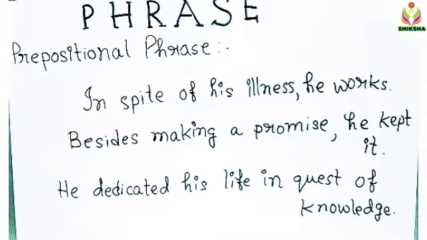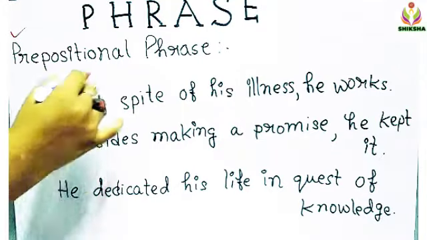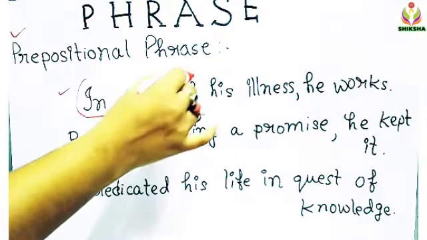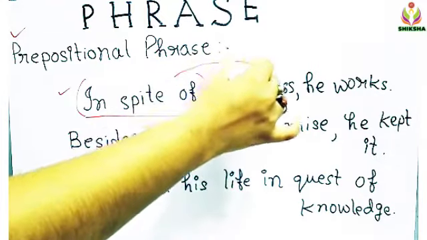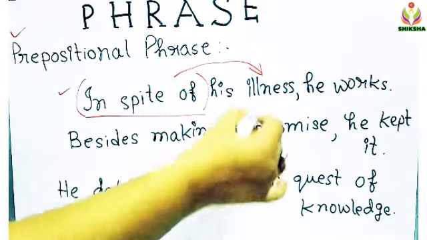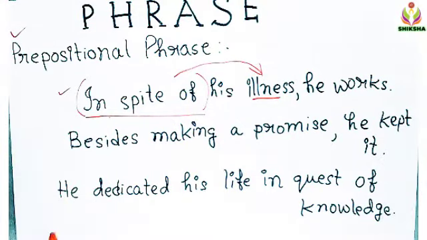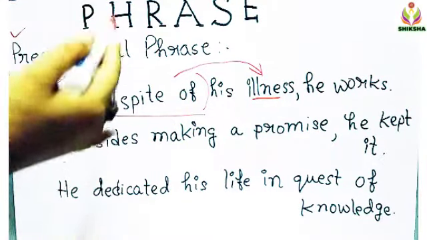Next is prepositional phrase. A prepositional phrase starts with a preposition and connects nouns in a sentence. For example, in spite of his illness, he walks. Here, the underlined part is connecting the noun illness. So that's why it is working here as a prepositional phrase.